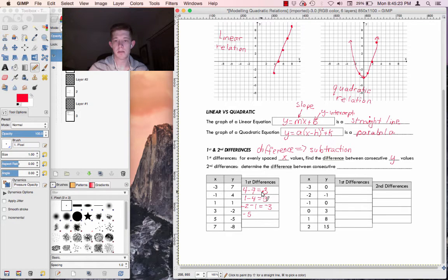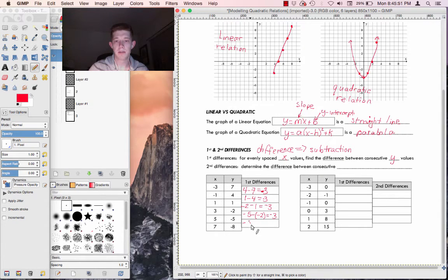I'm sorry, I've made a mistake there. So all of these are coming out to minus 3 so far. So minus 5 minus 2. Minus 5 subtract negative 2. So these two negative signs you can think of as making a positive sign. So I have minus 5 plus 2, and I get minus 3.